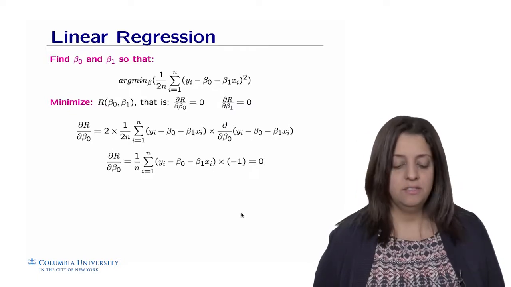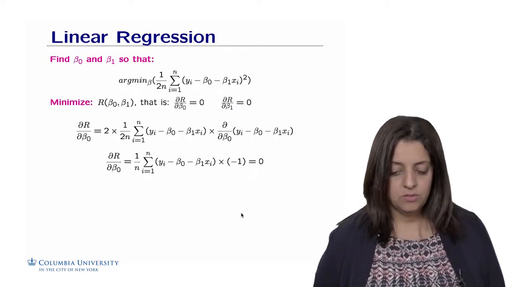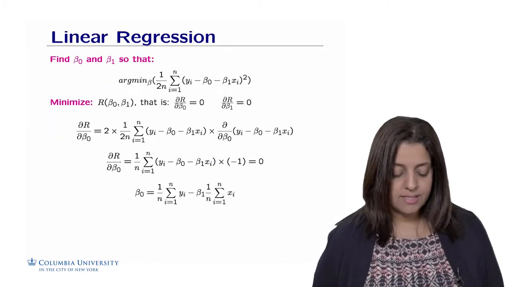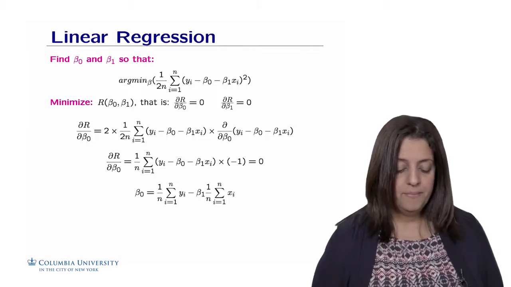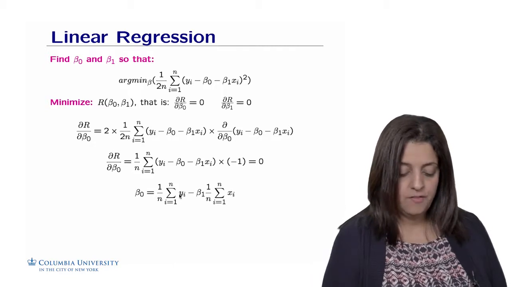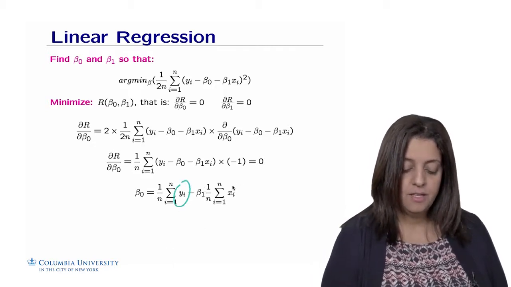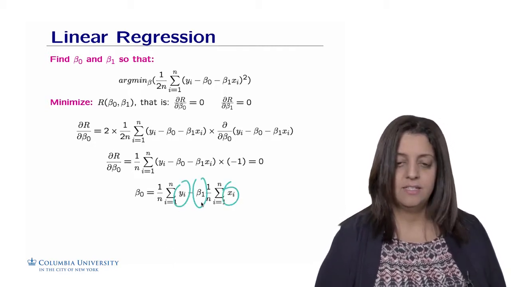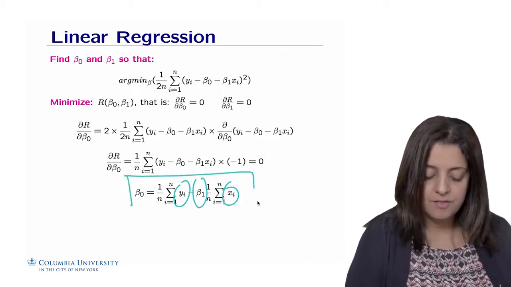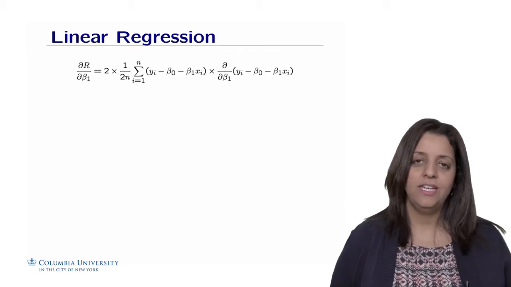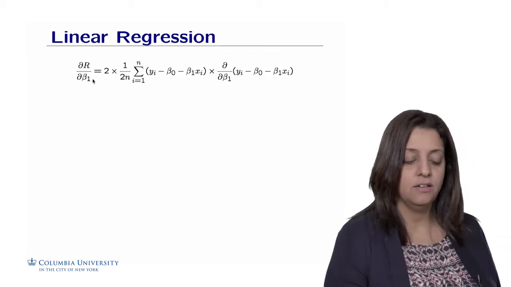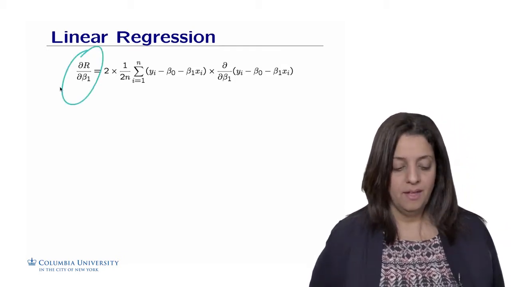We are going to set this partial derivative with respect to beta 0 equal to 0. This will bring us to this formulation of beta 0, in which we have beta 0 expressed in terms of the y's, beta 1, and the x's. So this is the formula for beta 0. We perform similar derivations to calculate the partial derivative of the function R with respect to beta 1.